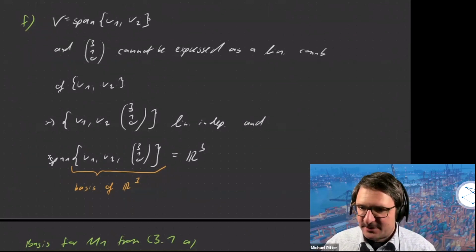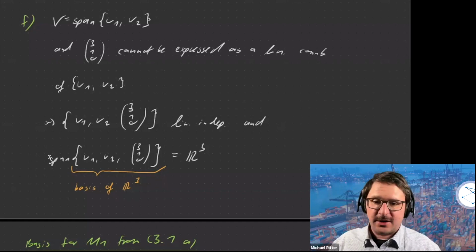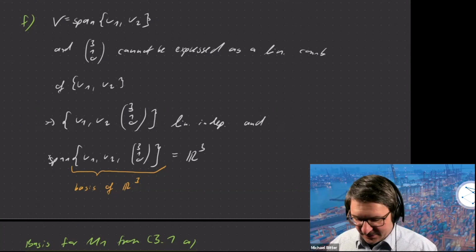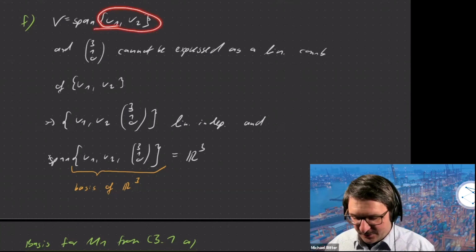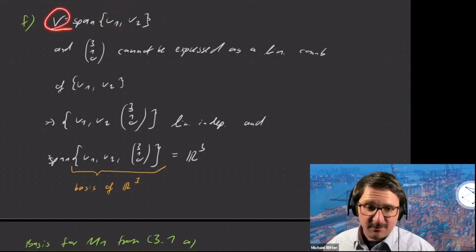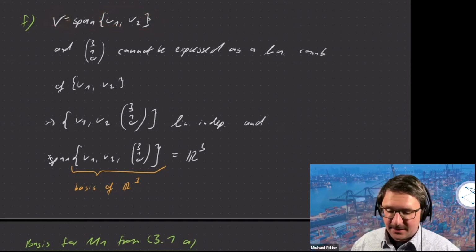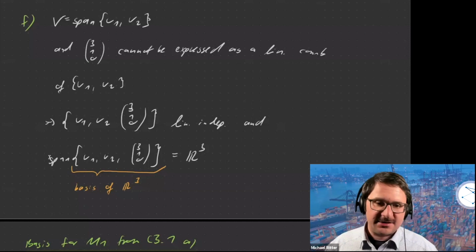Okay, so F is the question: find a basis that contains V1 and V2 and spans R3. So we have V1 and V2 already. We know that spans a subset V of R3. And we want to add a vector to that such that the span is the complete R3.